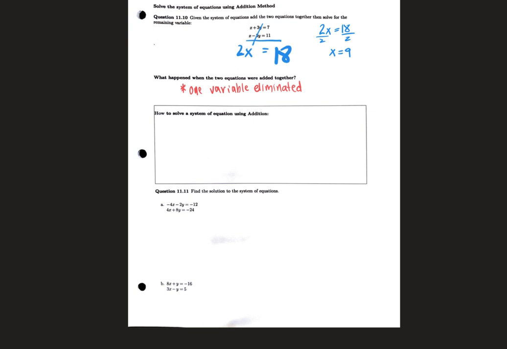Because when I add the two equations together and I had 3y plus negative 3y, those go away. So the addition method allows us to eliminate one of the variables just by adding the two equations together. Now the problem that we just saw here is a very simple case.